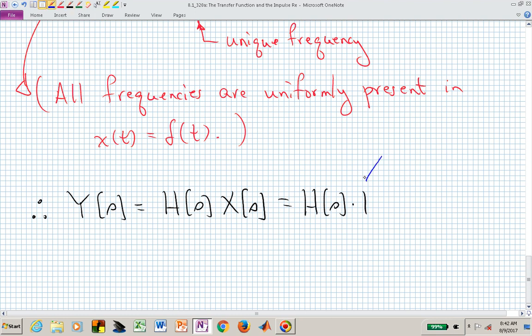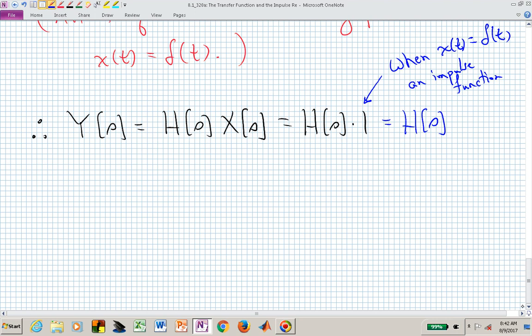This is when x of t is equal to delta of t, which is the impulse function, then Y of s, capital Y of s, is actually just capital H of s. That's just the transfer function.